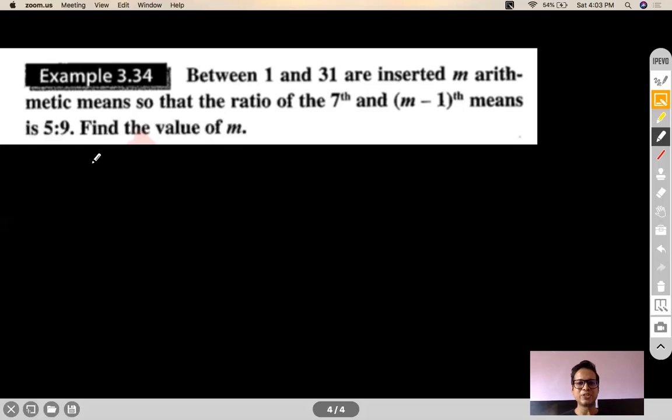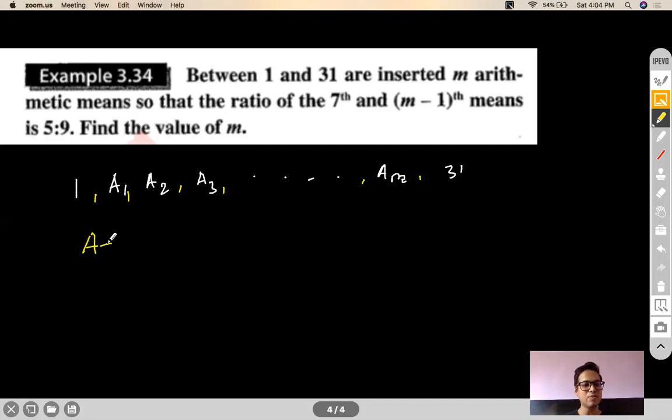Okay. So between 1 and 31, you are inserting 1, 2, 3, till the m-th arithmetic mean. m arithmetic means are inserted. What is given to us is that the ratio of the seventh to the (m minus 1)th arithmetic mean is 5:9, right? By the way, what is your 7th arithmetic mean?